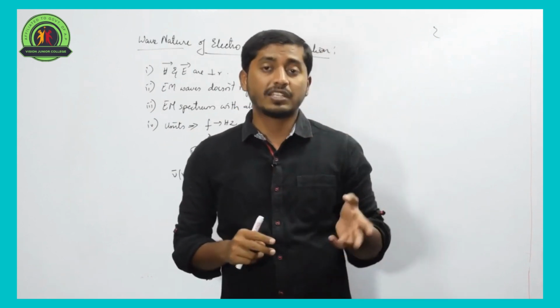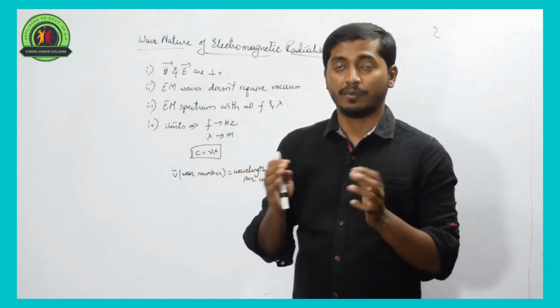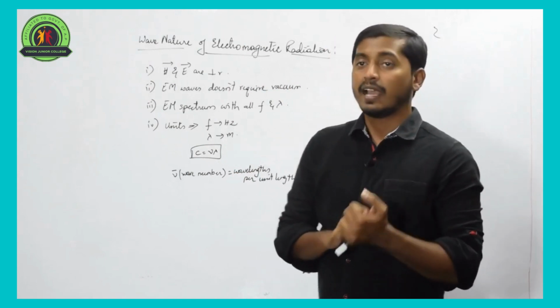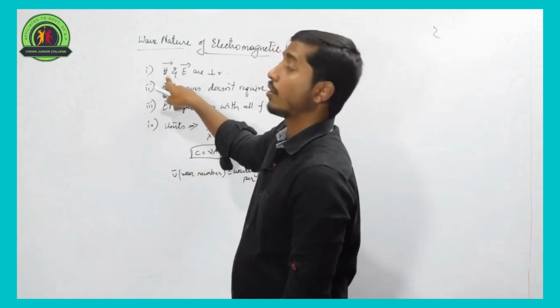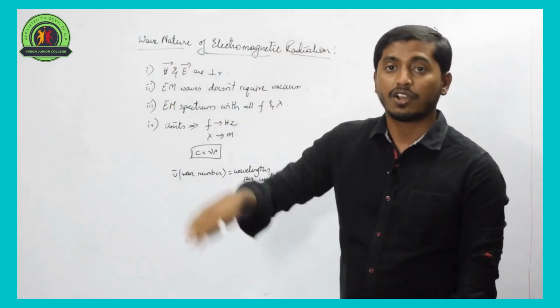Based on that, Maxwell says that a charge also can have two different properties, a particle-like property and a wave-like property, and among them, the electric field and the magnetic field are perpendicular to each other and perpendicular to the direction of propagation.